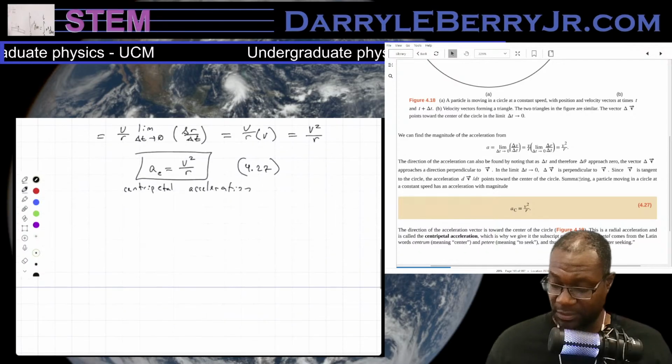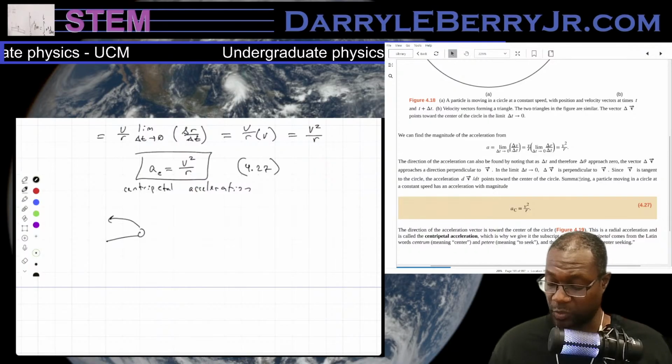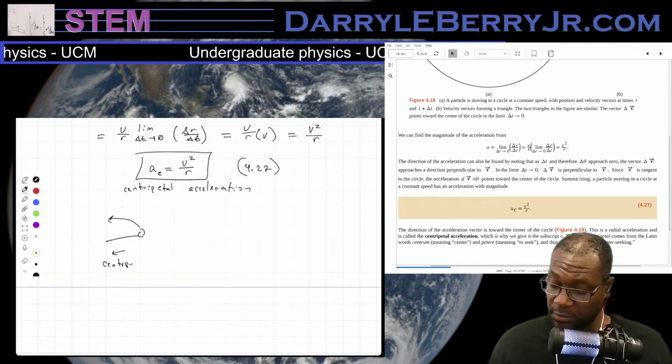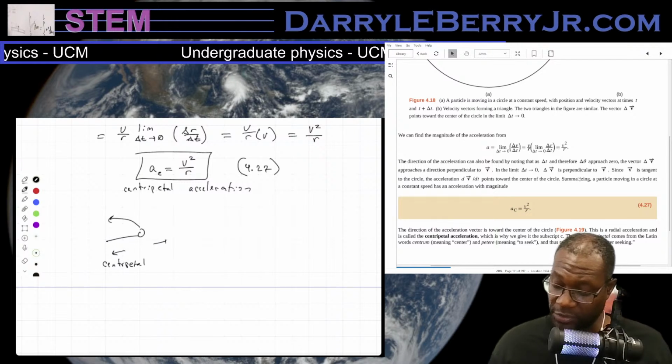As an aside, you have something going around in a circle. Let's say a ball being swung around on a string. If it's going inward, it's centripetal, and the force going outward is centrifugal.